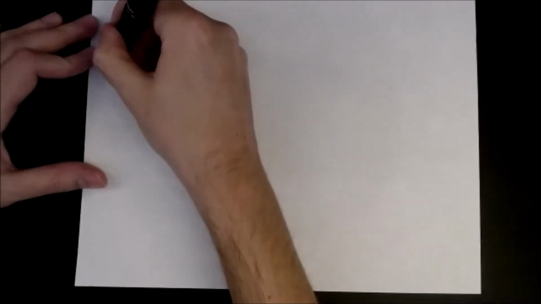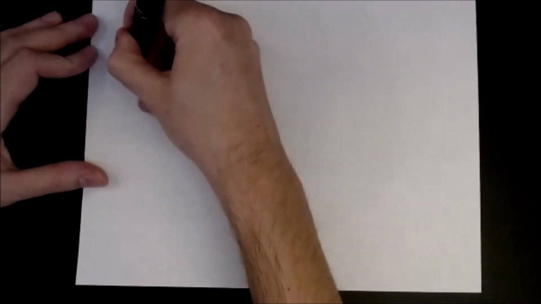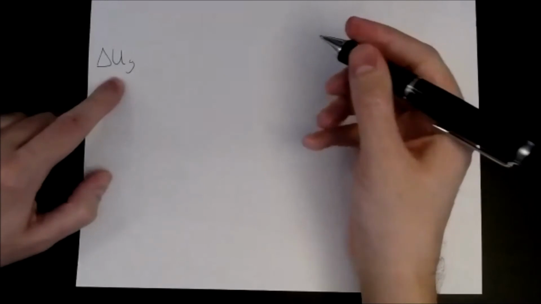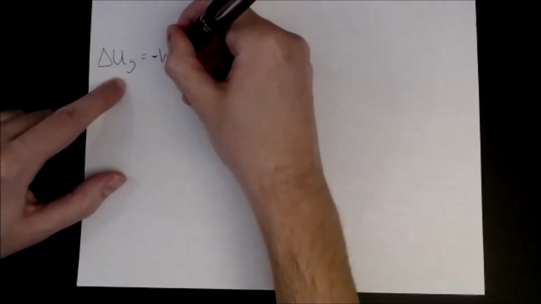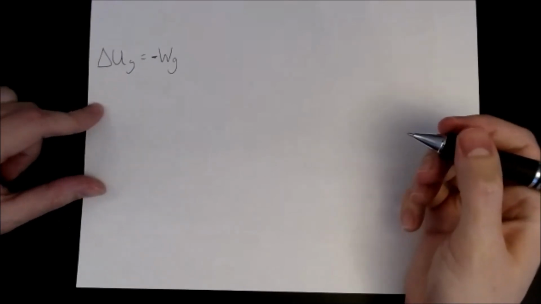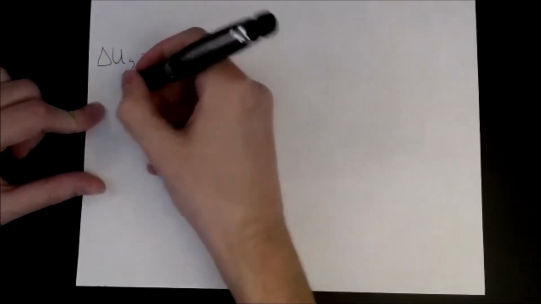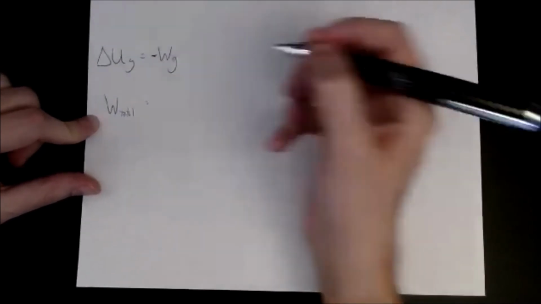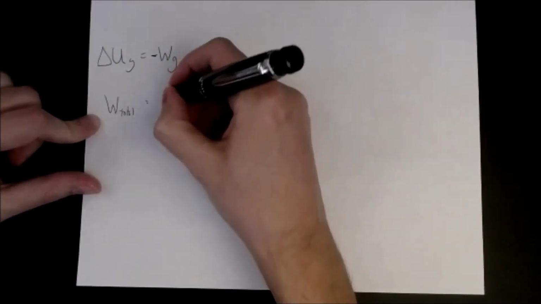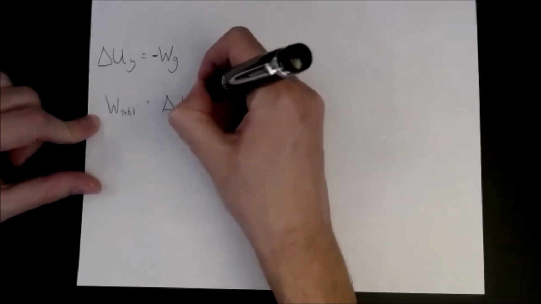I said that the change in gravitational potential is equal to the negative of the work done by gravity. I also said that the total work is equal to the change in kinetic energy.